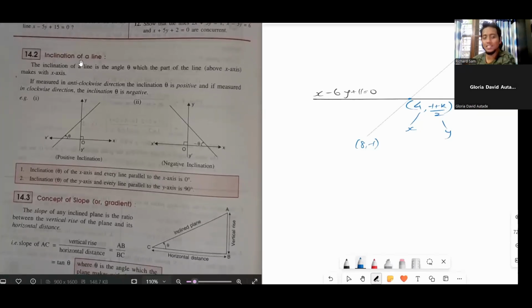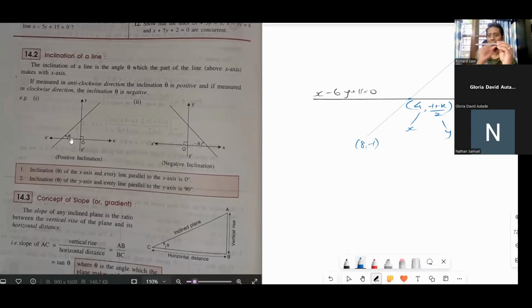Alright, the next topic is inclination of a line. Inclination is just the angle of the line with the x-axis. So imagine this is the line, this pen. If the line is flat like this, then the angle with the x-axis is 0 degrees. As you increase the angle like this, the angle is theta, represented by the alphabet theta. So the angle increases.